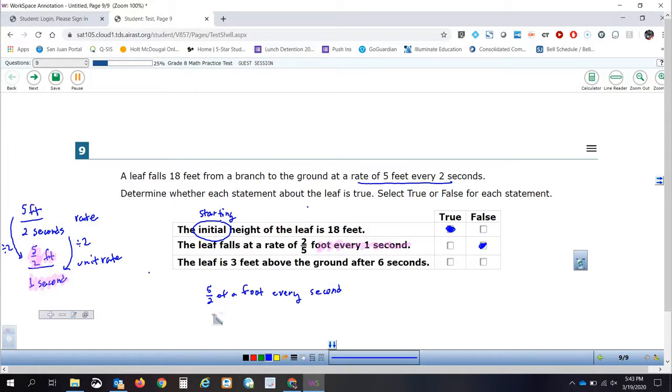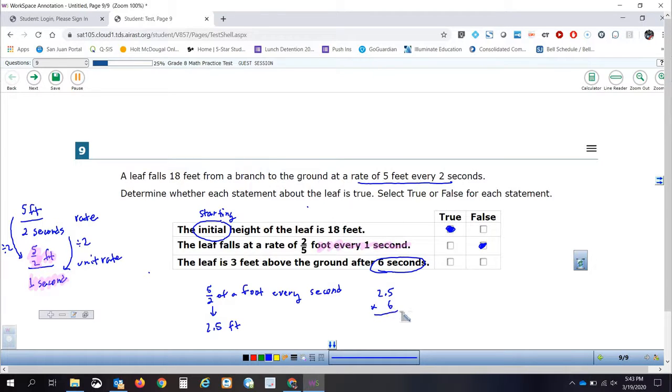Okay, well, 5 halves of a foot is the same as 2.5 feet. Yes? Hope you agree with that. All right, and that's every 1 second. So if I want to know how far it falls in 6 seconds, what should I do? I need to take that 2.5, how far it falls in 1 second, and multiply that by 6.